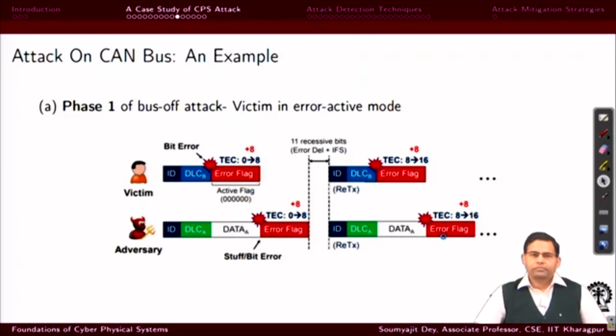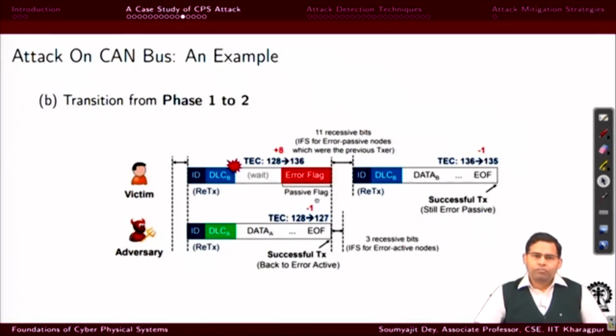Now this would mean for both of them at some point they will reach 128, right, because 128 is of course divisible by 8. So both of them will reach 128, and then when the attack repeats, the transmission count for the victim will go from 128 to +8, that is 136.